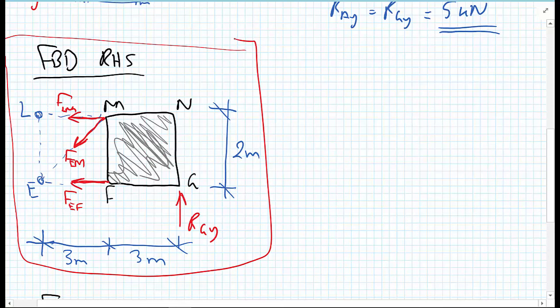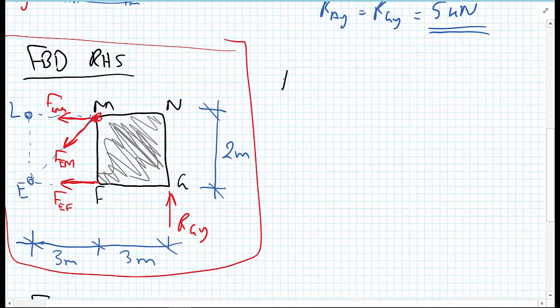And what I'm going to do first, if I look at the point M, I have forces FLM and FEM which go directly through point M. So if I take moments about point M, there is no lever arm to these loads.